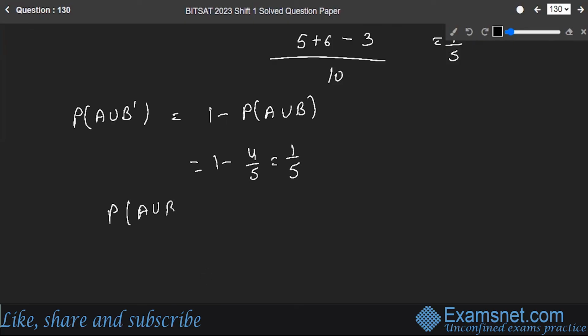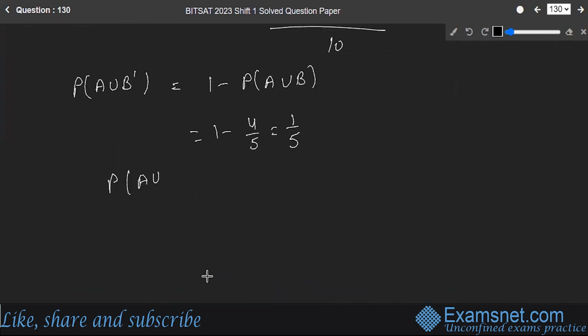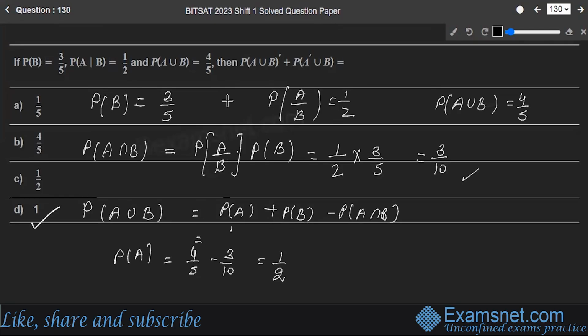Wait, I'll rewrite this. So you have probability A union B complement plus probability A complement union B. Now this is equal to 1 by 5 plus 4 by 5. That is equal to 1. So that makes option D the correct answer.